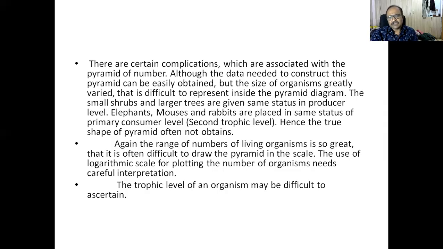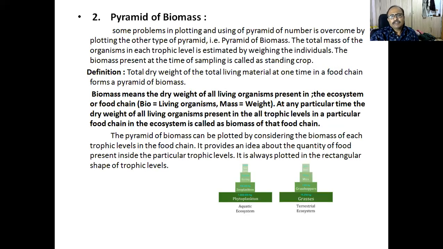Okay, then pyramid of biomass. This is another type of pyramid. Total dry weight of the total living material at one time in a food chain forms a pyramid of biomass. Now, what is the biomass?